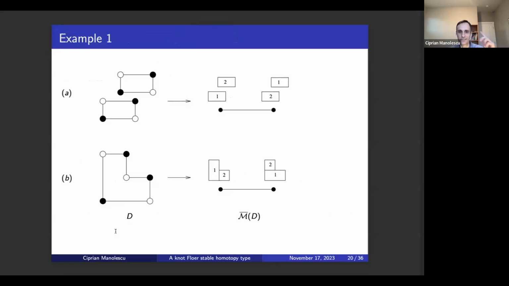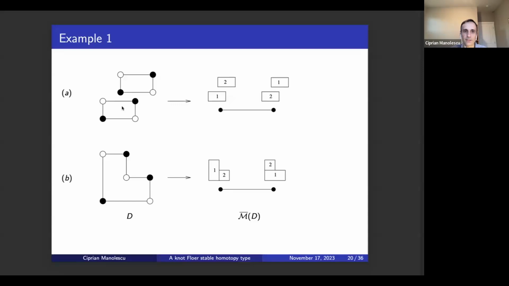Okay, let me just give you some pictures. For example, if you just have one rectangle, then you get a dot. The moduli space is just a point. This corresponds to index 1. After you divide by R, it's just a point. If you have two rectangles, it corresponds to a dot times a dot, a point times a point, which still is a point.